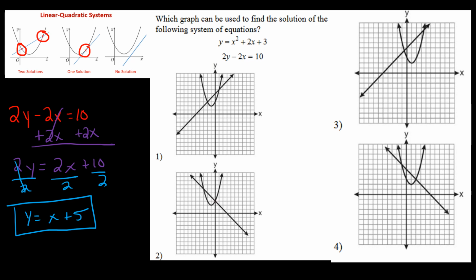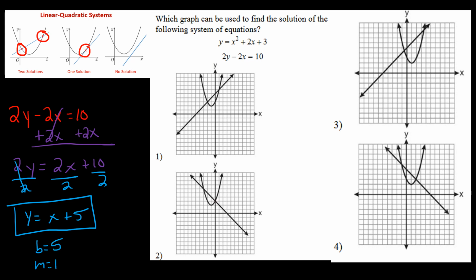So if we were going to graph this, we're looking for solution sets. It's either answer choice 1, 2, 3, or 4. Look at this equation, y equals x plus 5. We already know that our b, or y-intercept, is at 5, and our m is 1.